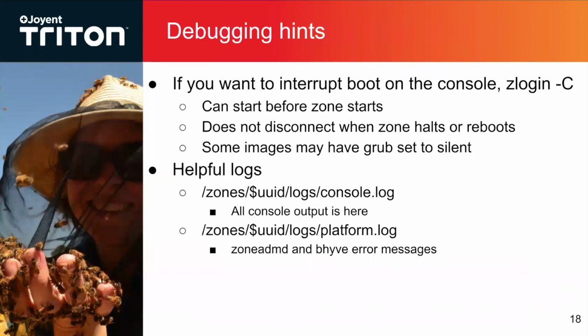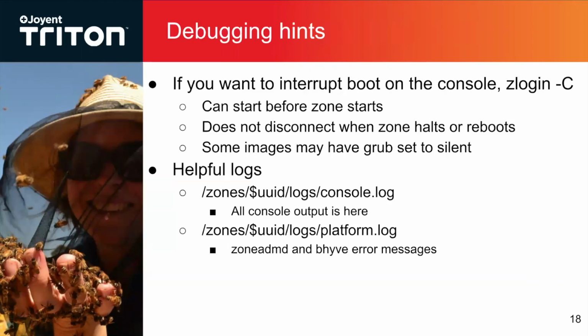That's generally more friendly than vmadm console. zlogin -C can start before the VM starts, and it won't get disconnected when you halt or reboot the VM. Some images may have grub set to silent, so you'll need to hit escape or enter or space, one of those three, to get the grub menu to appear.